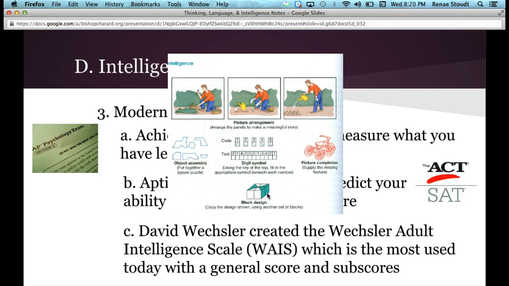So the point that I'm trying to make here is that actual intelligence tests like the Wechsler Adult Intelligence Scale or even the Stanford-Binet are not just paper and pencil tests. Yes, they do have a paper and pencil element to them, but good intelligence tests will only be administered in a one-to-one setting by a trained person, a psychologist or a psychiatrist that knows how to score this.